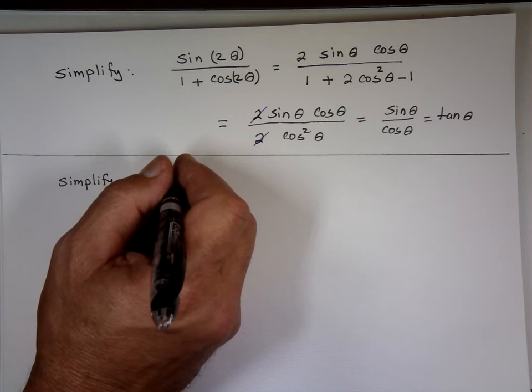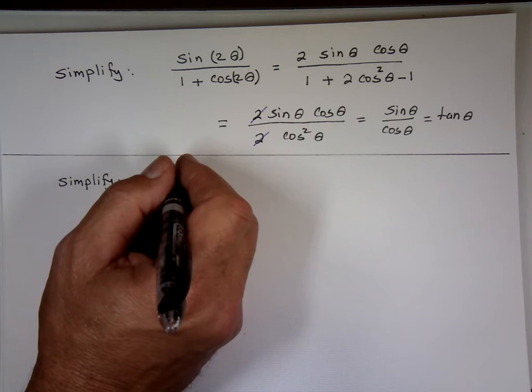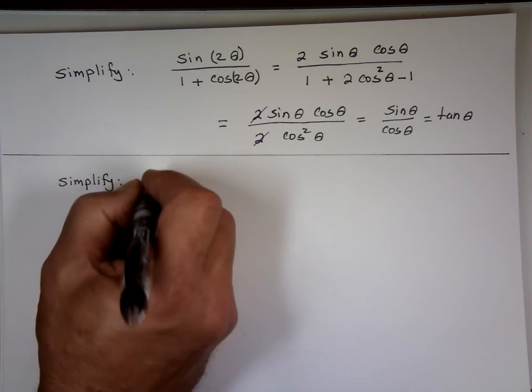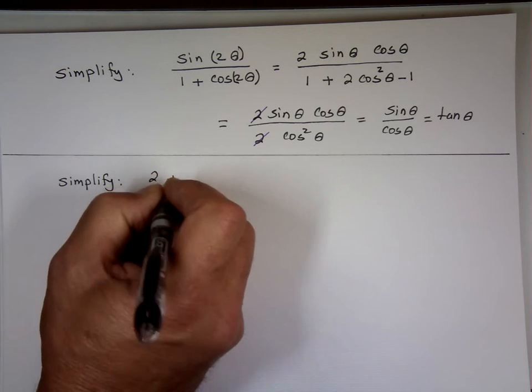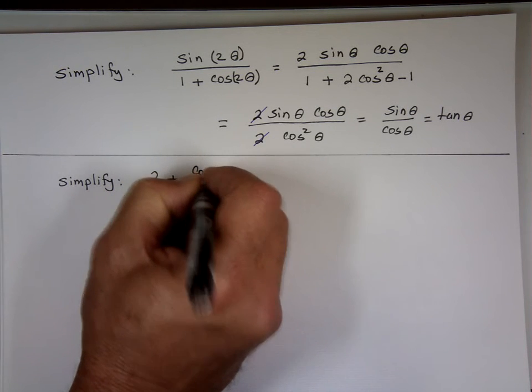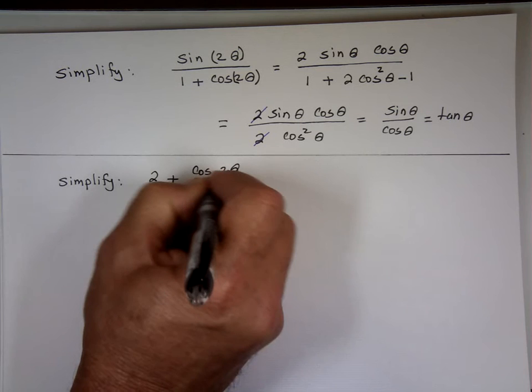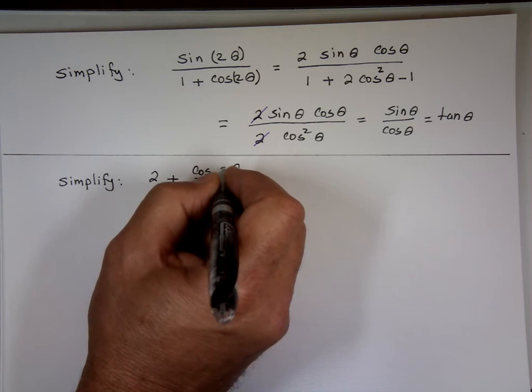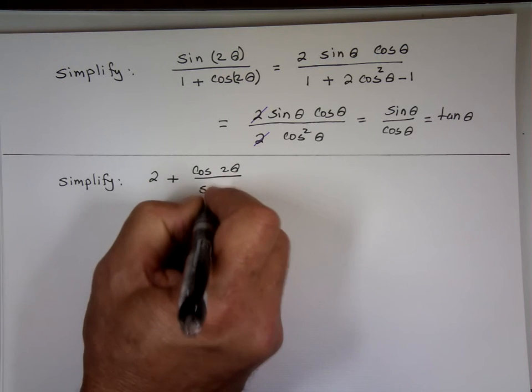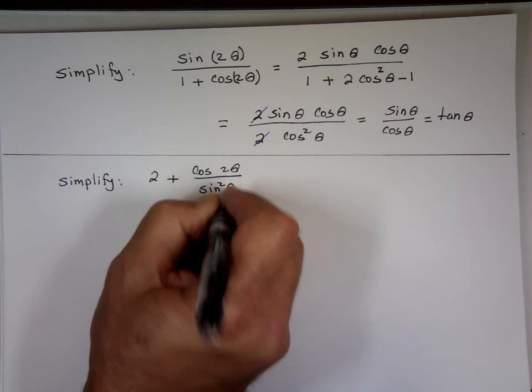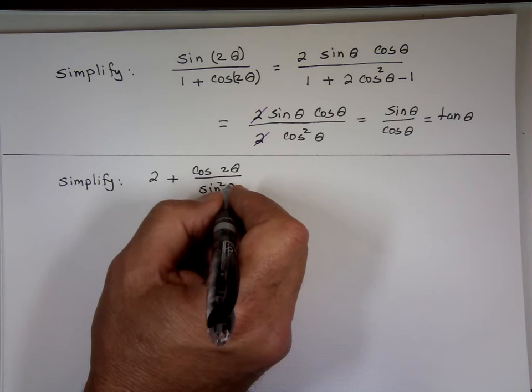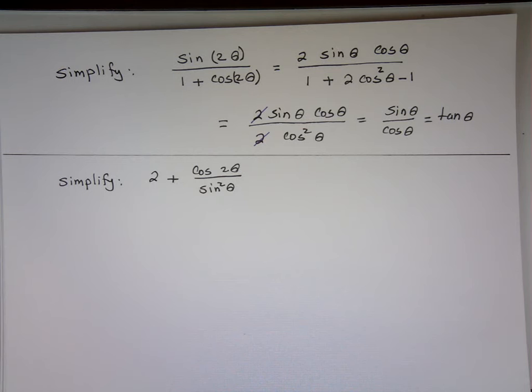I was looking at a problem here and I lost it. Here we go. 2 plus cosine 2 theta over sine squared theta.